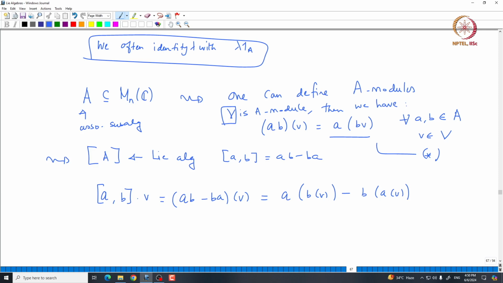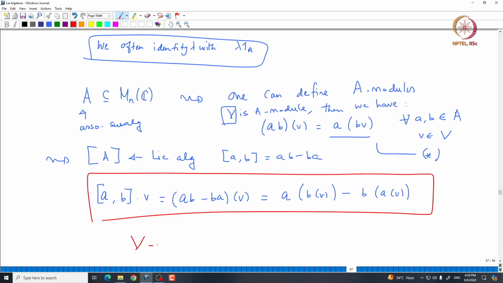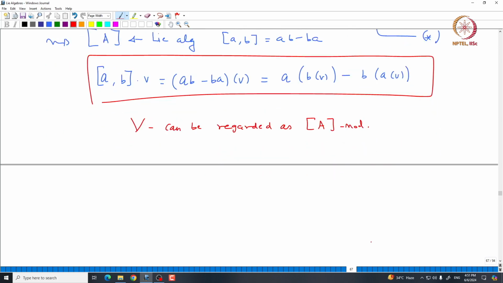So, that means this capital V can be regarded as this Lie algebra module, okay, that is not a problem. But the converse is not true usually, okay. Most of the time the converse is not true. So, the warning is that the converse of this is not true.